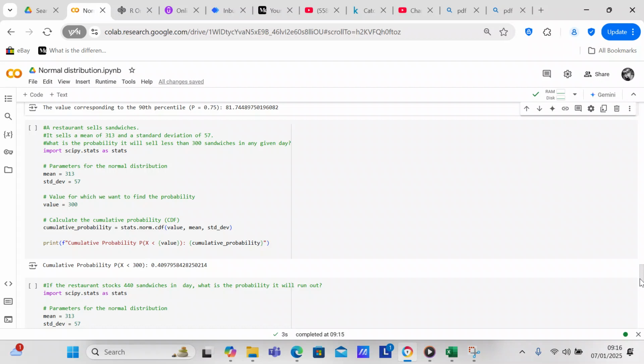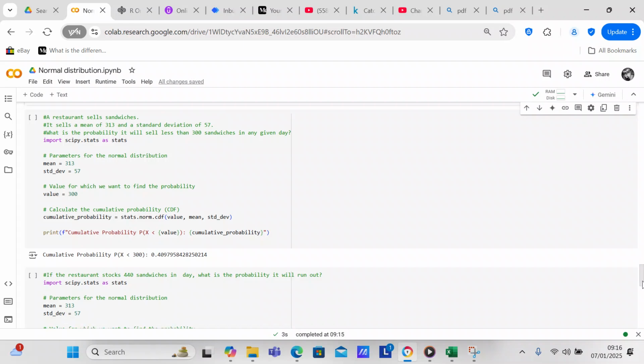So your mean is 313, your standard deviation is 57, and your value is up to 300. So cumulative probability equals stats.norm.cdf, brackets, value, comma, mean, comma, standard deviation, and it will give you a 40% probability, or closer to a 41% cumulative probability.